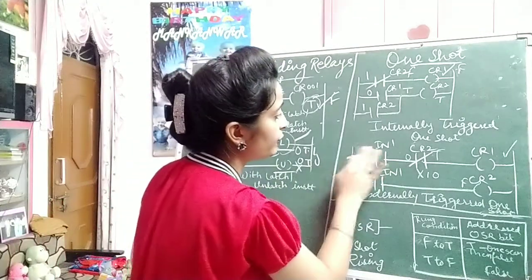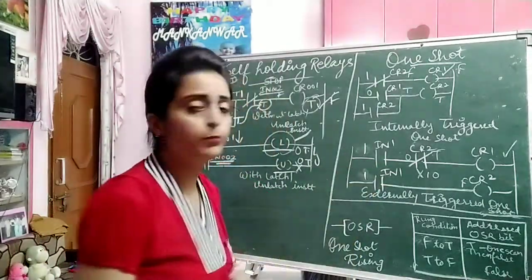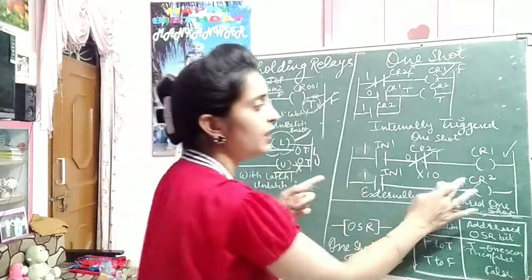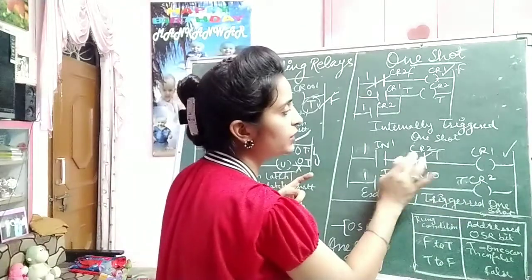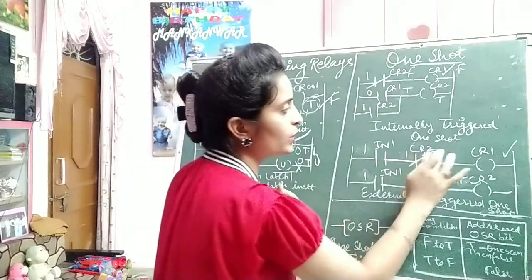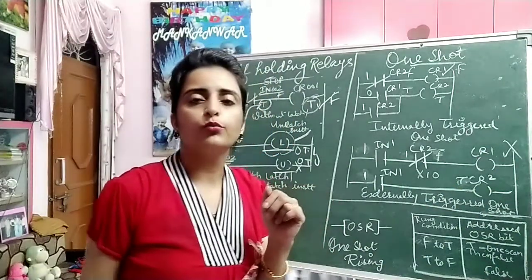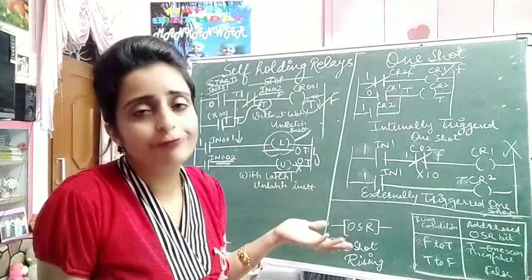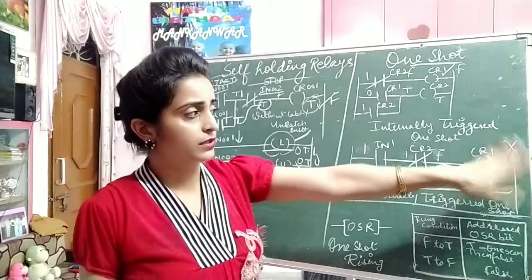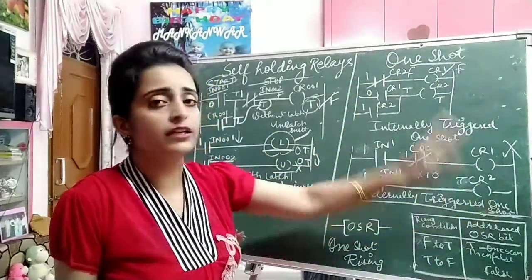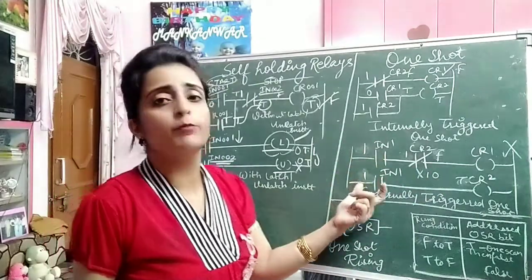Then if we change this input signal from 0 position to 1 position, this will become true. If this is true, then it will become 1. If it is 1, then the output will become false, and CR1 will become false and be turned off, right? So this is external, we could use it with the help of a switch.